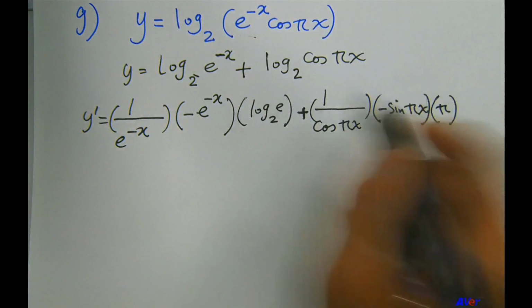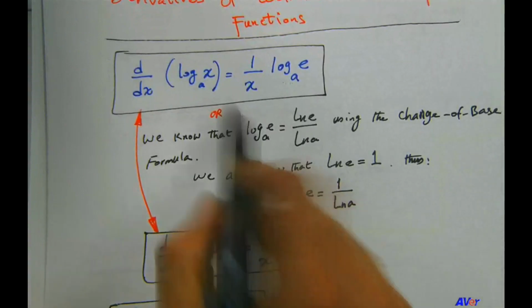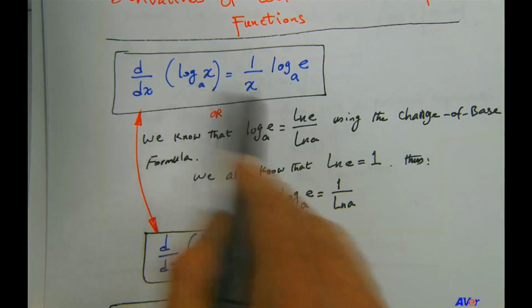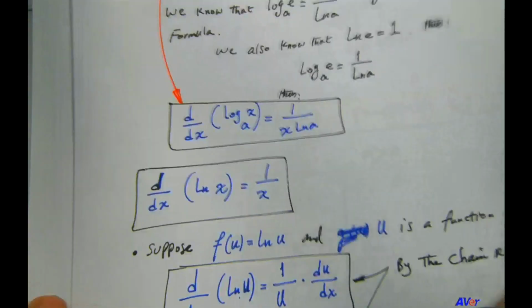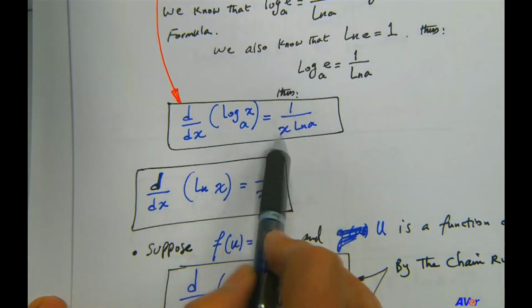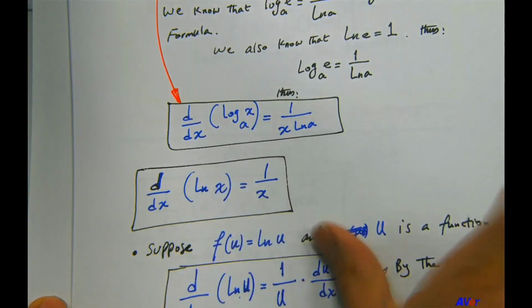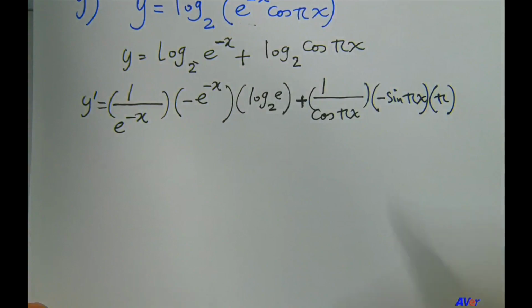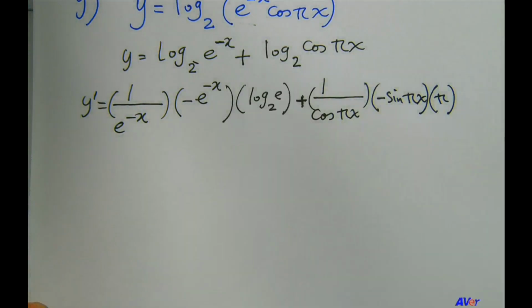Of course, all of that, remember these? This expression, 1 over x times log e to base a, or 1 over x times natural log of a, natural log of this base. So we can do that, times natural log of 2. 1 over natural log of 2, right?